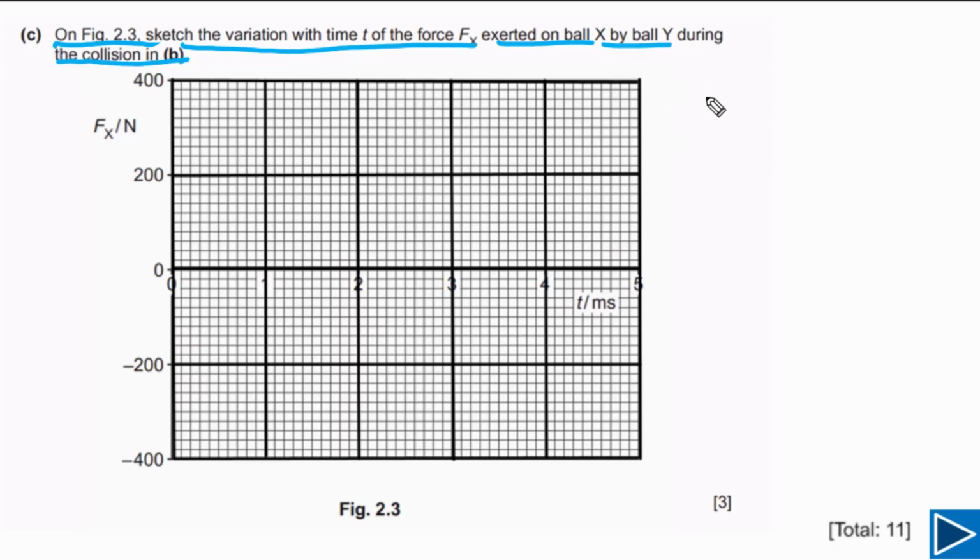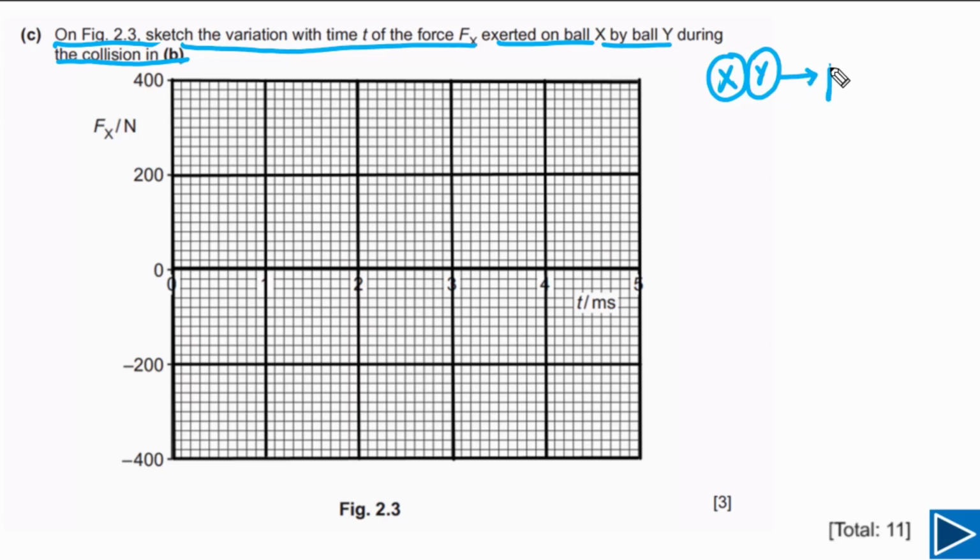First of all, let's try to imagine what is happening. Imagine that you have this one ball, this is ball X, and this ball is colliding with another ball, and this is ball Y. When these two balls collide with each other, they will exert force on each other.